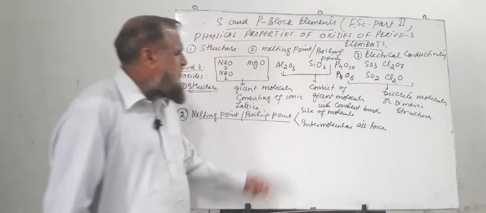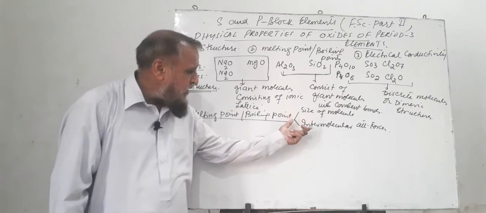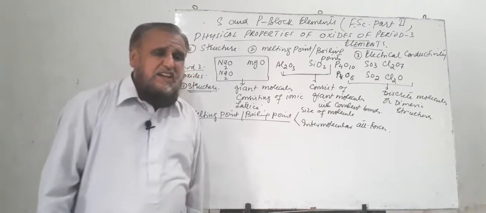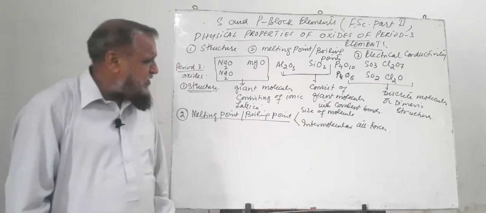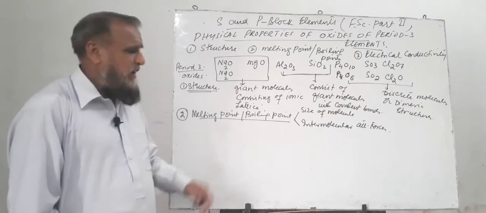As the size of molecules increases, melting point and boiling point will also increase. Similarly, as the intermolecular attractive forces increase, the melting point and boiling point will increase, or vice versa.